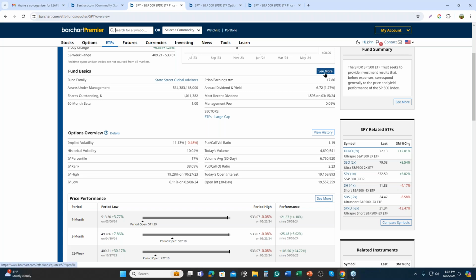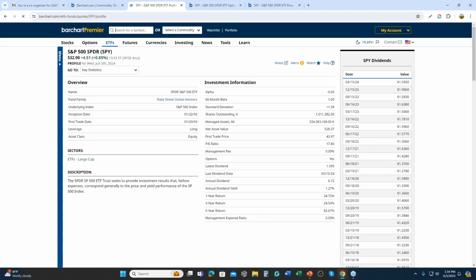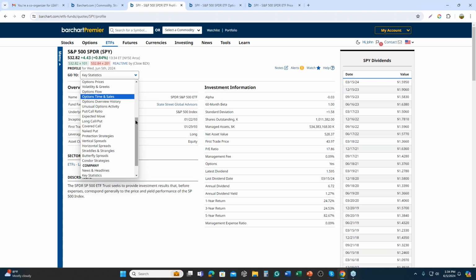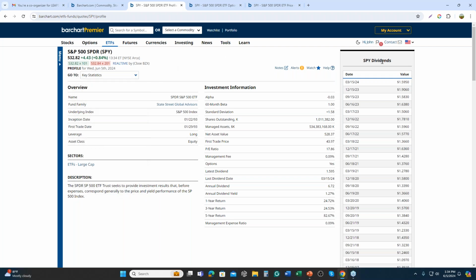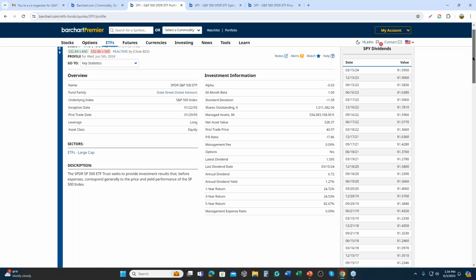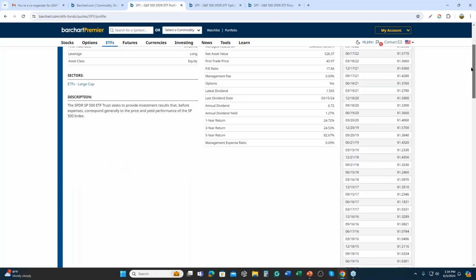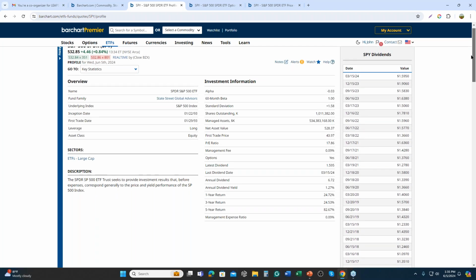Now, if I click on this more button here, it will take me to the key statistics menu page, which you can find under the company in your drop down menu. And you can see the dividend payouts over either quarterly, semi-annually, or annually, in this case, quarterly. And you can see, is there a consistent dividend payout, and has it increased over time? And we can see for the SPY that it does.